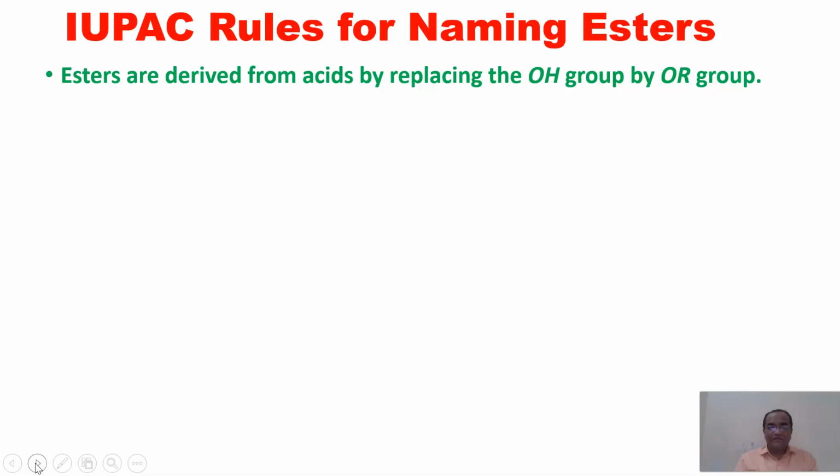Esters are derived from acids by replacing the OH group by an OR group. If we see the general structure of an acid, it is RCOOH for a carboxylic acid, and for an ester it is RCOOR.